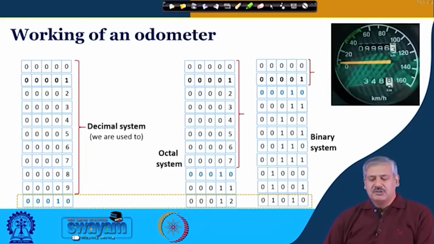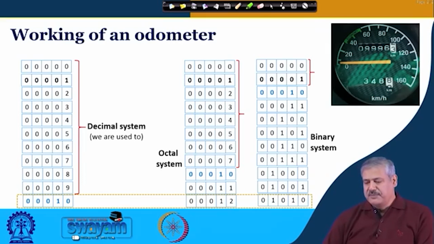So, to discuss number system, first we look at one example of an odometer which perhaps all of us have seen, those who drive a vehicle, the meter which takes note of the distance in the vehicle, showing the increments in the number.